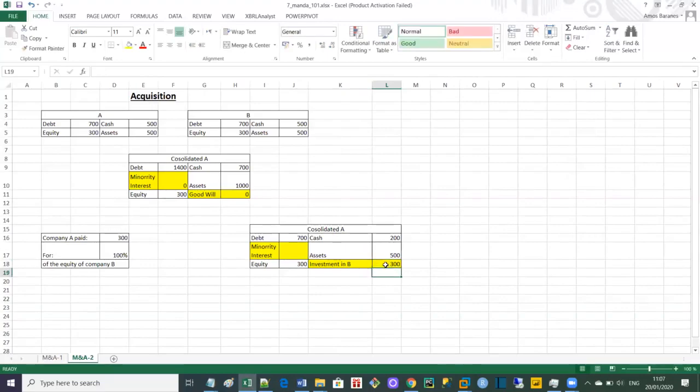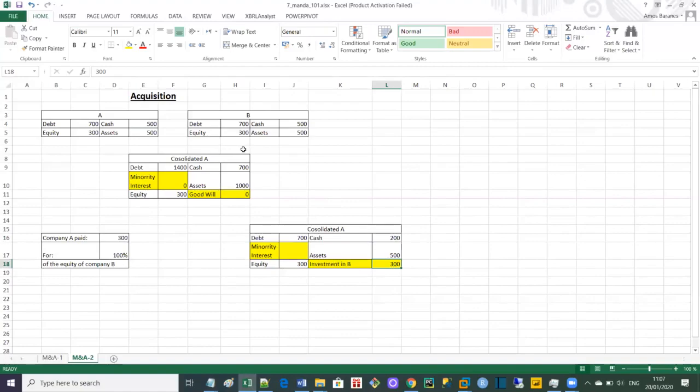In other words, the balance sheet of company A has changed slightly: the cash went down by 200, and my investment in company B is 300, reflecting the fact that we purchased the shares from the shareholders of company B.